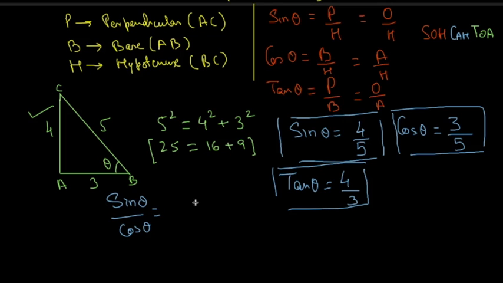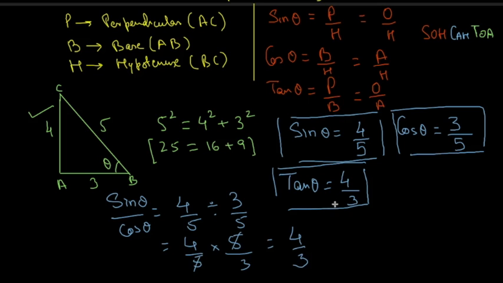Sine theta is 4 by 5, divided by 3 by 5. When we take the reciprocal, it becomes 4 by 5 into 5 by 3. 5 cancels 5, which gives us 4 by 3. And guess what? 4 by 3 is our tan theta. So sine theta over cos theta is equal to tangent theta.